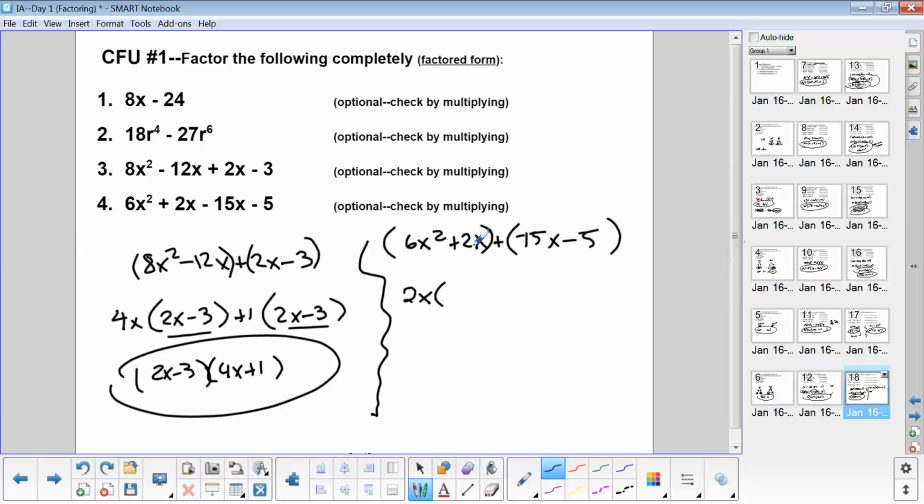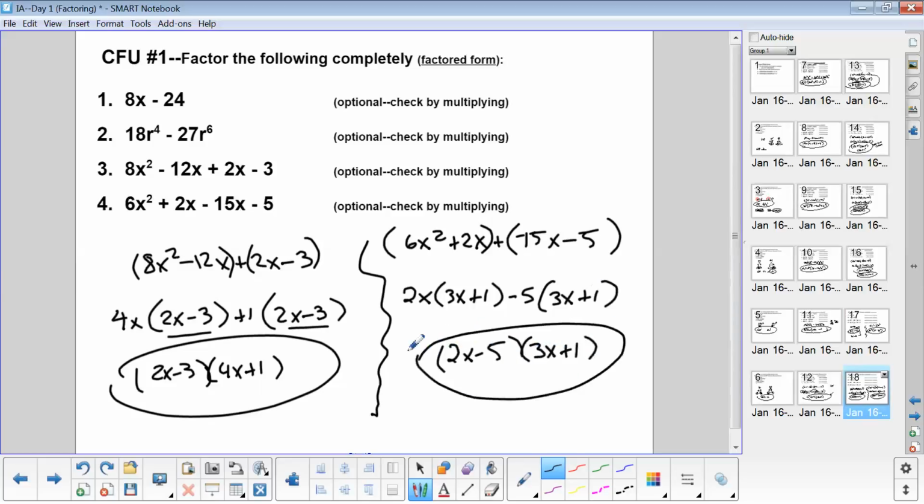Remember to divide both terms by 2x, and you get 3x plus 1. Minus 5 is the greatest common factor with the numbers. So that's going to give you 3x, negative 5 divided by negative 5 is a positive 1. So you're left with 2x minus 5 and 3x plus 1 would be the final answers for our check for understanding.